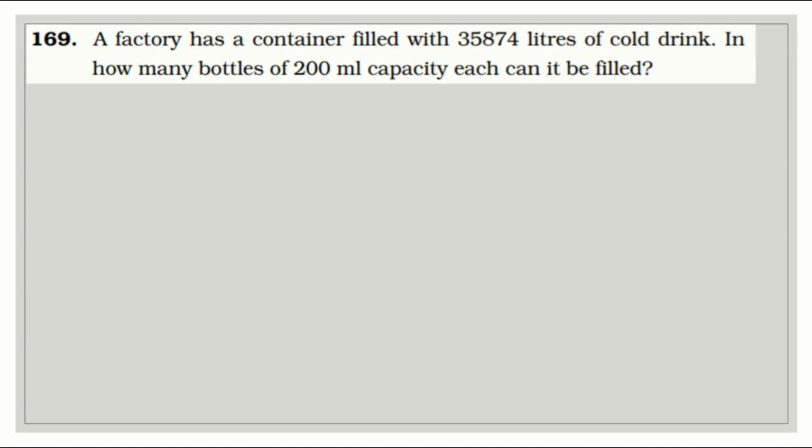Next, coming to the 169th question. A factory has a container filled with 35,874 liters of cold drink. In how many bottles of 200 ml capacity each can this cold drink be filled? See children, here it is given in liters, we need to convert it into milliliters.